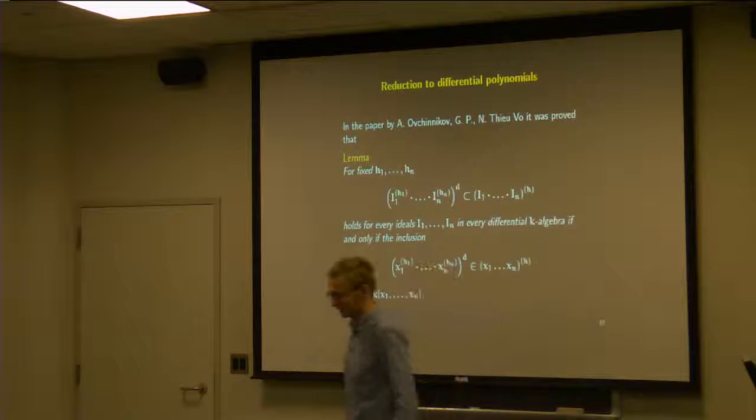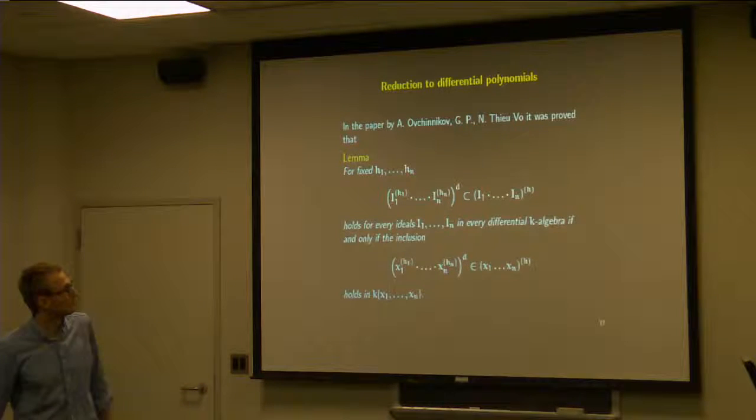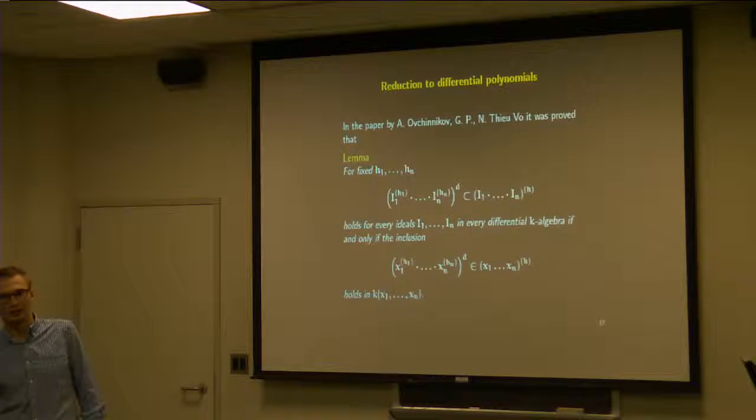So, when you write I, an ideal, and then write the exponent in braces, what do you mean by that? I mean the ideal generated by all derivatives of all elements of I up to order h1. So not exactly, but up to.